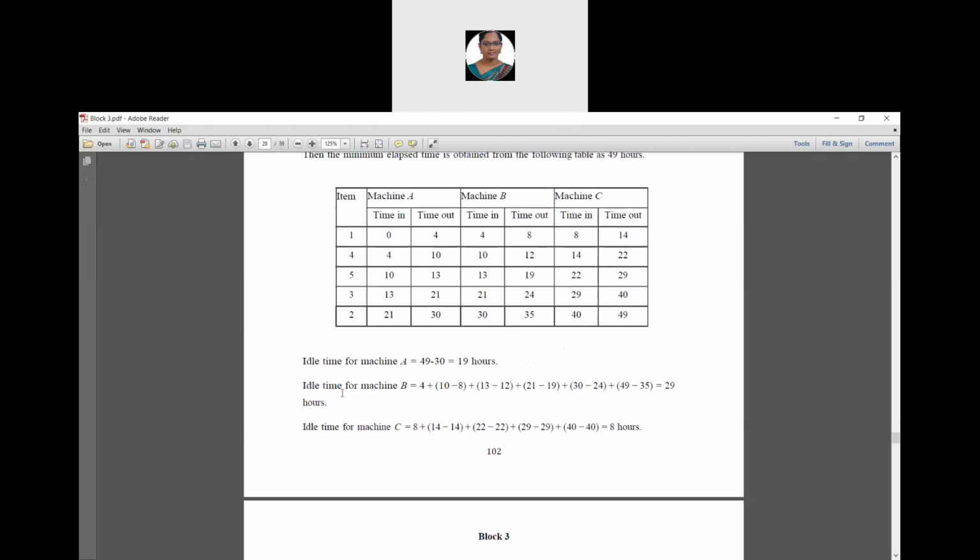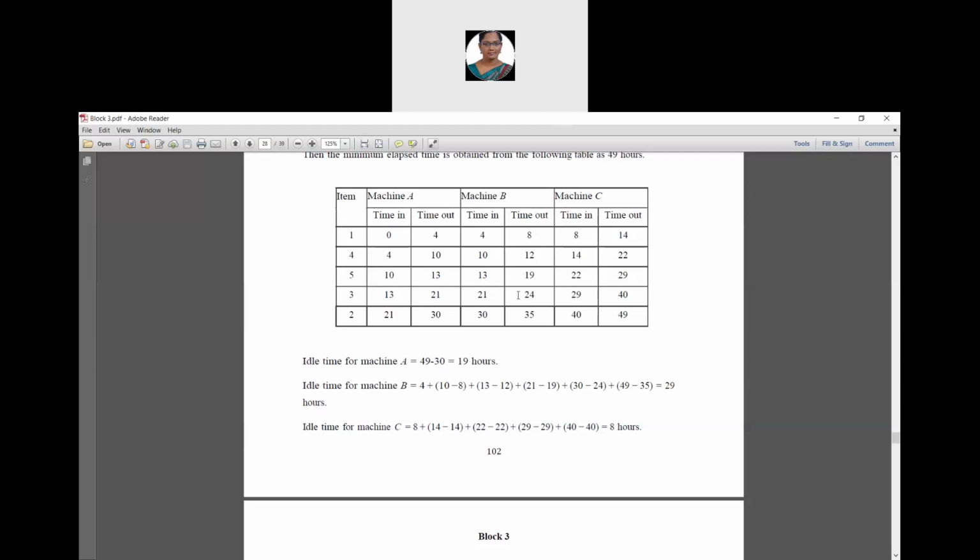Then the idle time for machine B is the first in value 4 plus the difference between 10 and 8, plus the difference between 13 and 12, plus the difference between 21 and 19, plus the difference between 30 and 24. It is 29 hours.